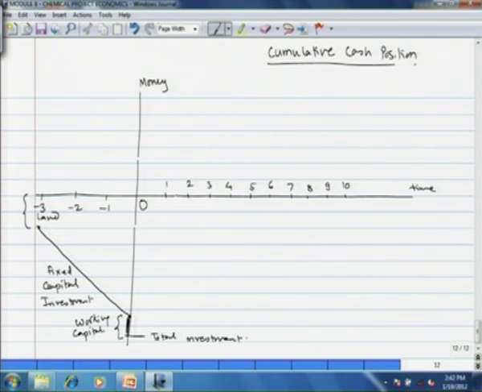Now, as you have seen in the previous cash flow tree, there are two types of cash accruals. First is the gross profit and second is the depreciation. Let us assume that the depreciation is uniform in time. So, we get a straight line till time 10 years. So, that is the depreciation.